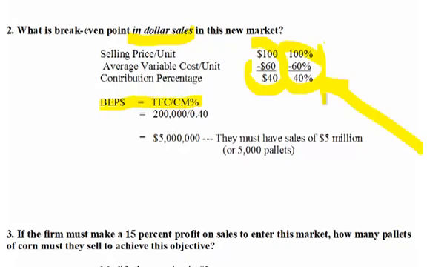So we insert that 0.4 in the denominator and divide the 200,000 by it, and they must have sales of $5 million. Interestingly, if we take the $5 million in dollar sales and divide it by the $100 per pallet, we're back at the same number, 5,000 pallets. So either way, we'll get you there.